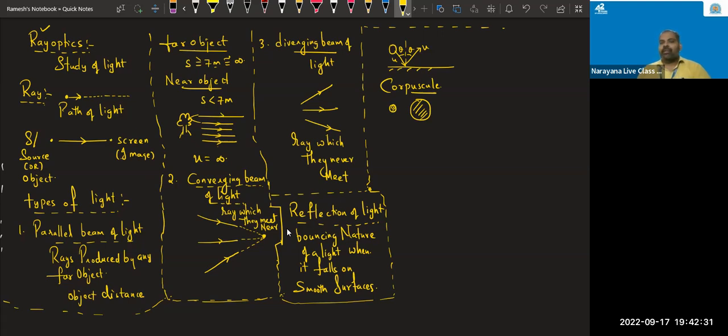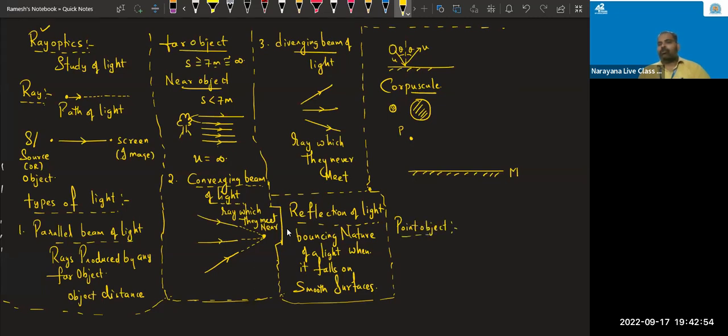What is the actual reflection? This is any plane mirror or smooth surface, denoted with the symbol capital M. This is one point object. P means what here? Point object. Slightly later I will explain what this point object is.